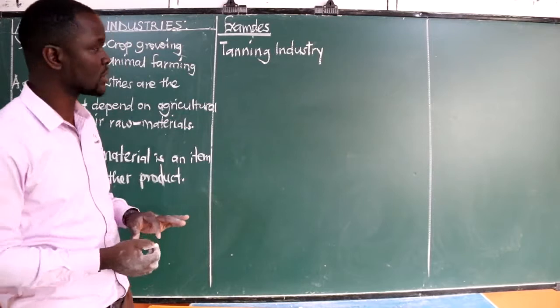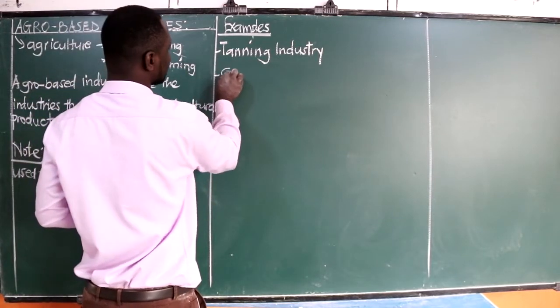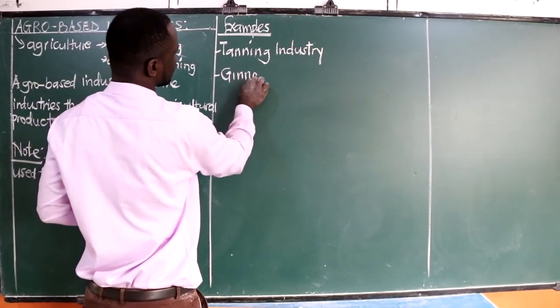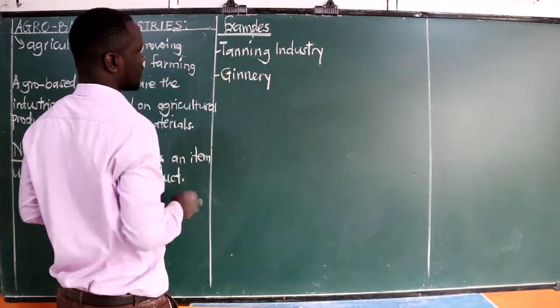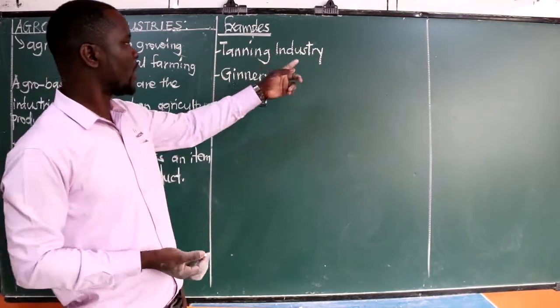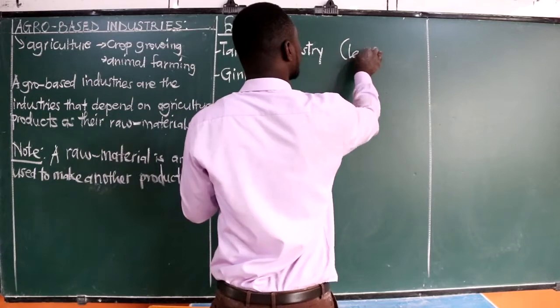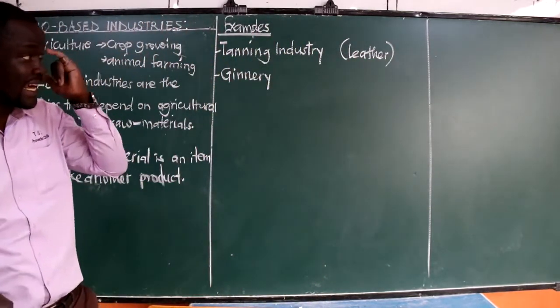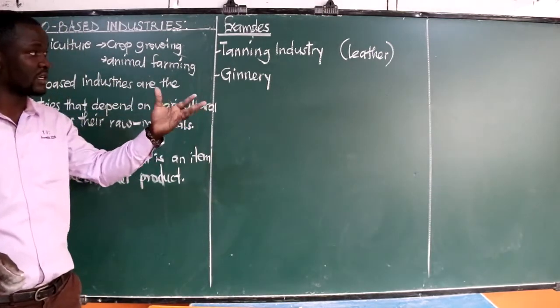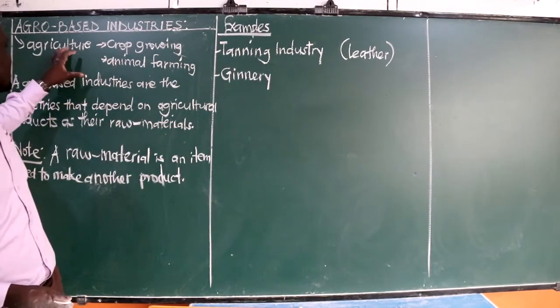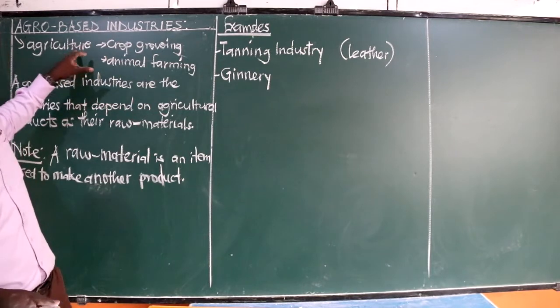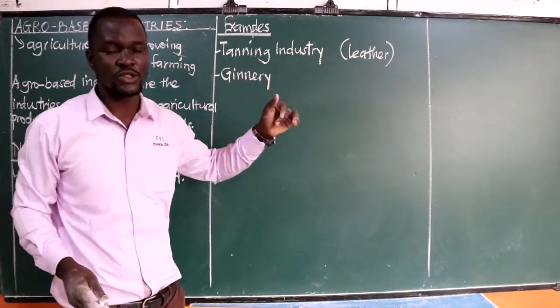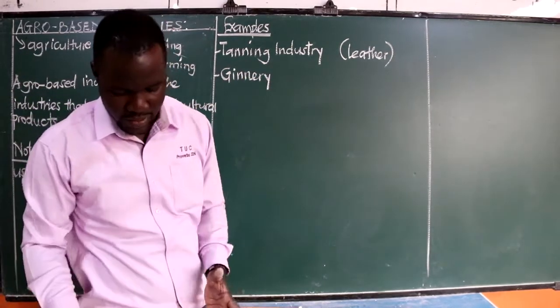And then we have what we call the ginnery. Here we are looking at cotton being processed. Cotton is from a plant. Of which plant? It is from agriculture. So that is what qualifies it to be an agro-based industry.